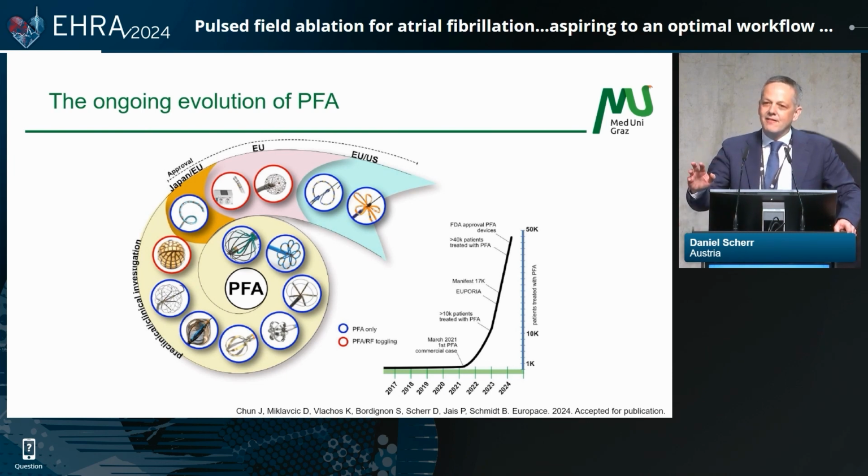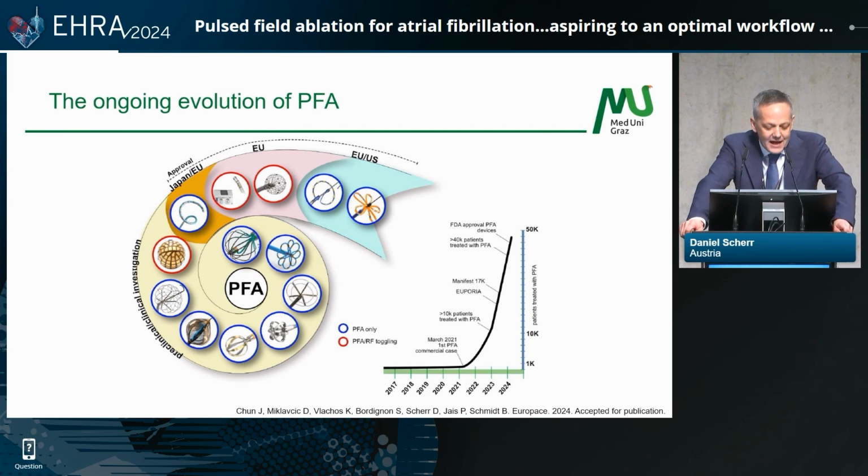Now we are in a phase, I think, where we still contribute, but we should not underestimate the contribution of biomedical engineering and of our industry partners. And they've given a giant push to the PFA modalities. That's point number one. Point number two, we are still very early in the experience.